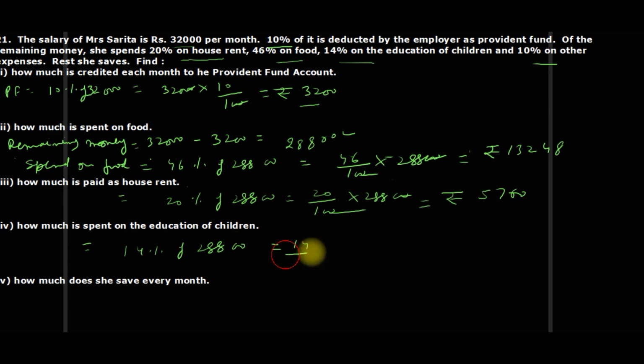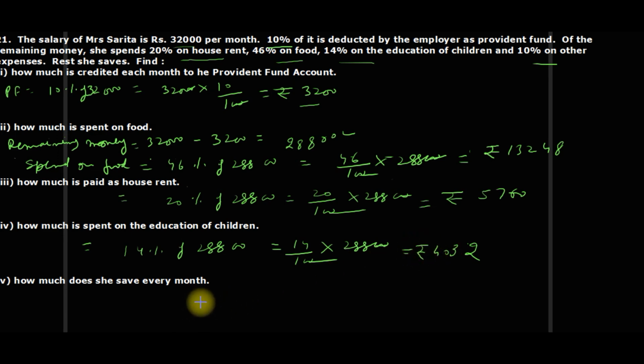This would be 14 upon 100 multiplied by 28800. 14 8 ja 112, plus 1 is 11, 14 2 ja 28, plus 12, 40. This would come out to be rupees 4032.